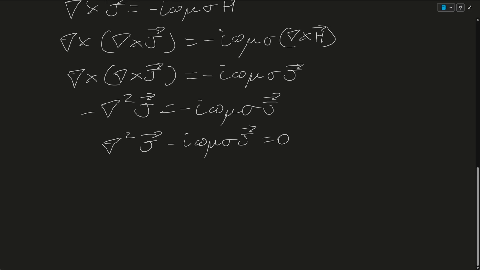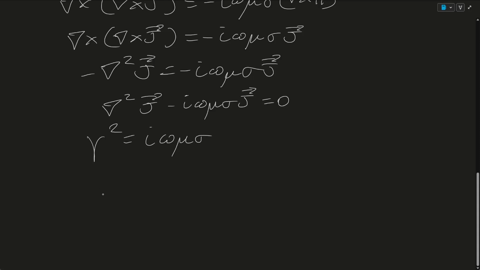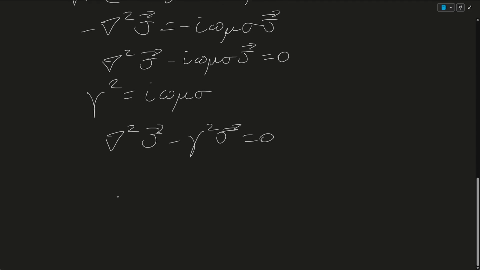I think we ought to clean this up a bit, so I'm gonna define a propagation constant to get rid of that, which is gamma, and we'll say that gamma squared is equal to i omega mu sigma, because then it looks pretty, and also it will help us in a minute, which yields the Helmholtz equation, which is, as written, also because Helmholtz wrote it like that.